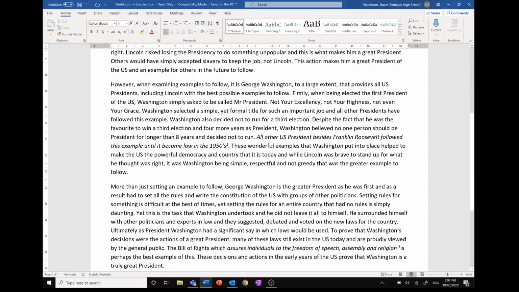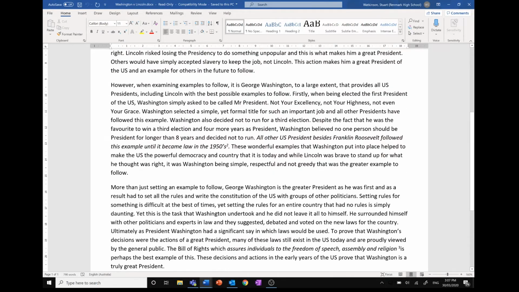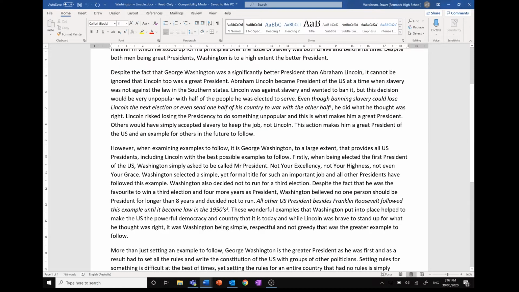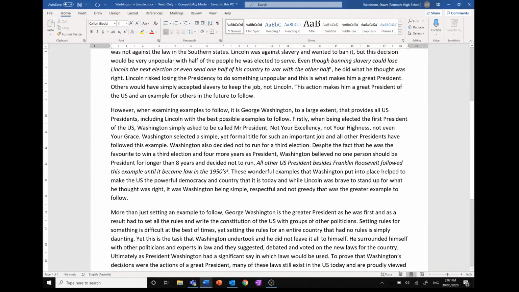Introduction, 3 paragraphs, and a conclusion. This first one is about why Abraham Lincoln was a better president. Second and then third ones are about why George Washington was a better president.